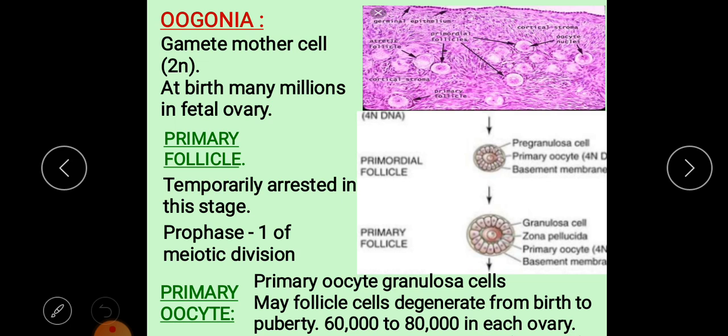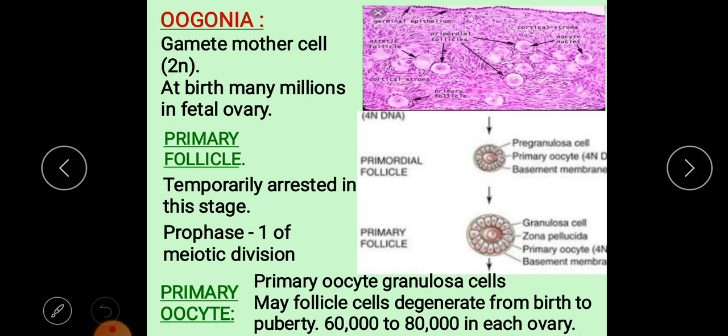What happens at the next stage? At the time of birth, the ovaries have only 2 million primary follicles, which means that after birth no new primary follicle cells are going to form. This process continues till puberty.